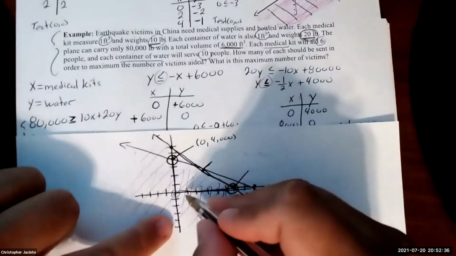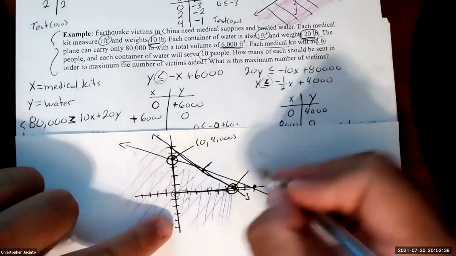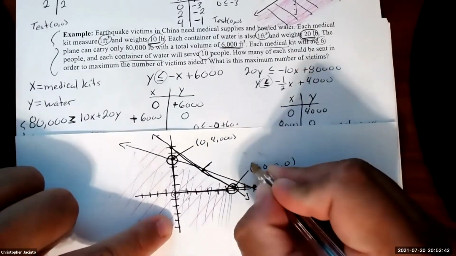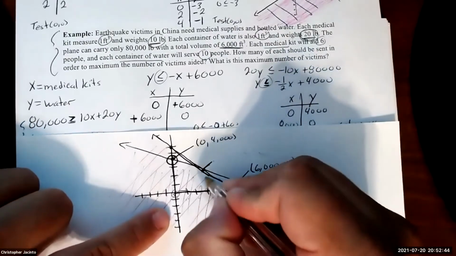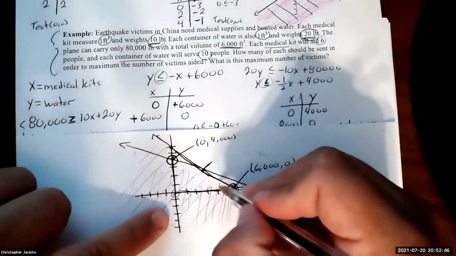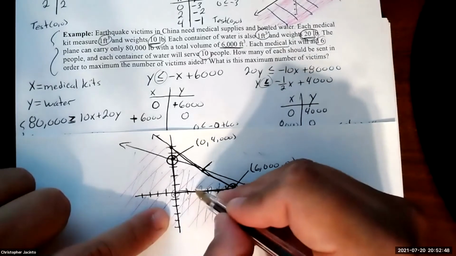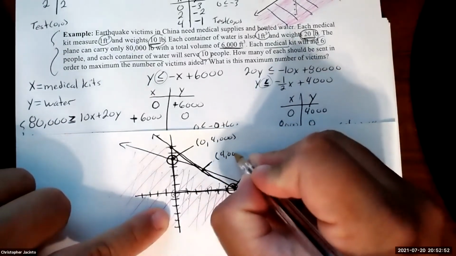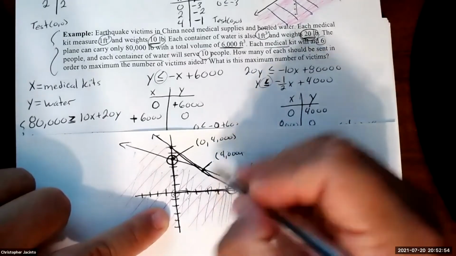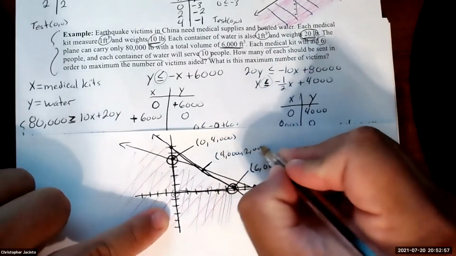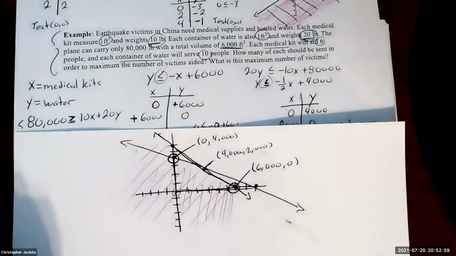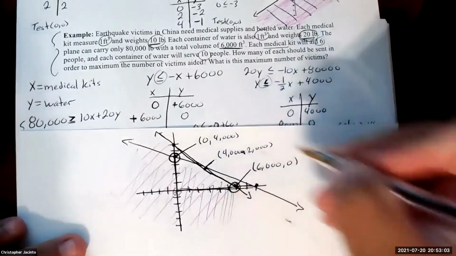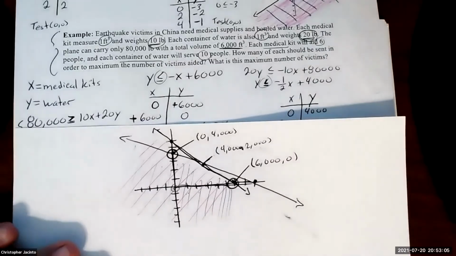This one here is 1, 2, 3, 4, 5, 6, 6,000, comma 0. And this point here is up approximately, I'm a little off, 1, 2, 3, 4 should be 4. And 2, just 2,000. There we go. 4,000, comma 2,000.